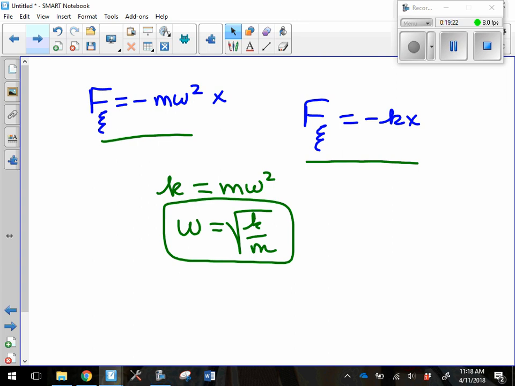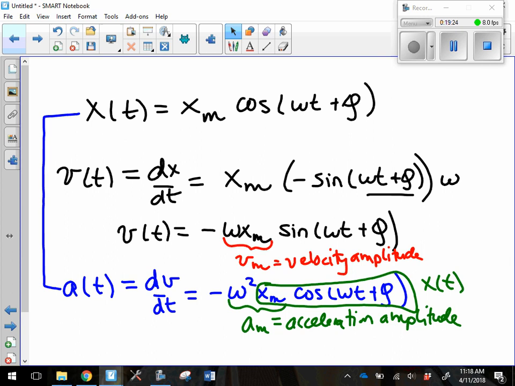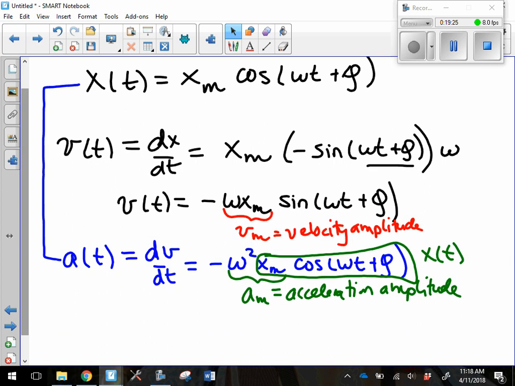All right, so let's back up a little bit, and we're going to look at how x of t, v of t, and a of t all interact here. Okay, so I'm just going to write them on the other board so that we can see them. So x of t is xm cosine omega t plus phi.